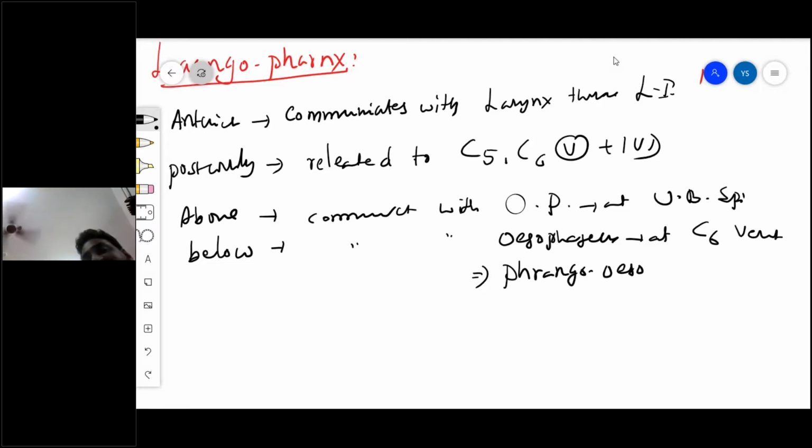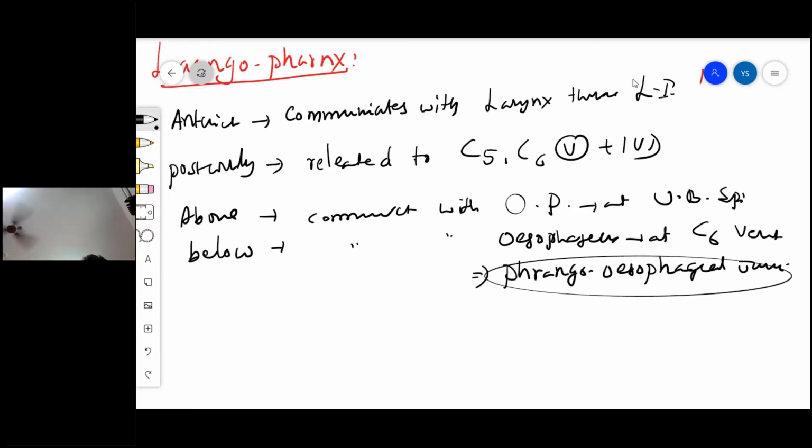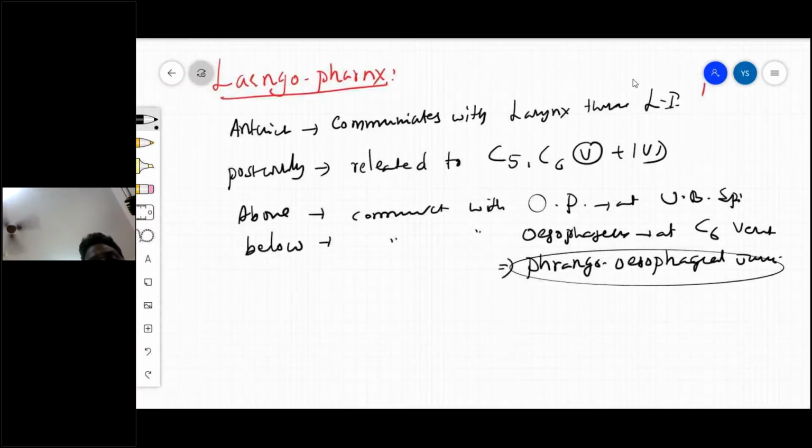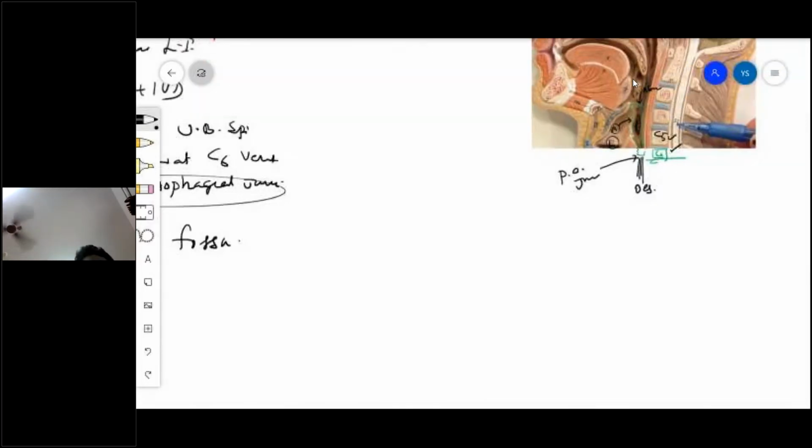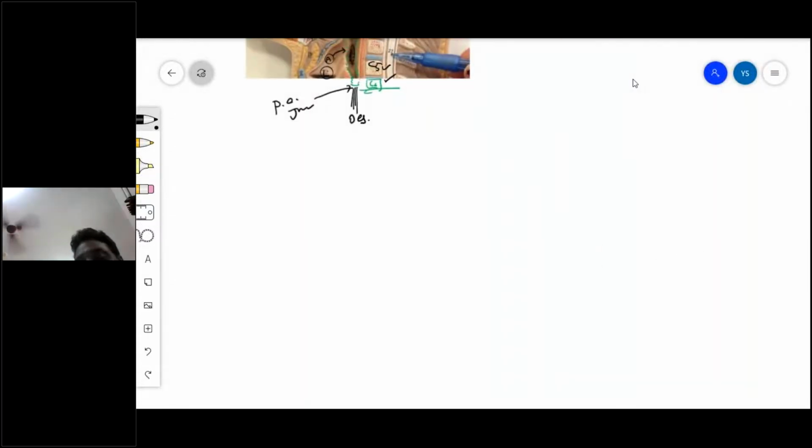That junction is called the pharyngo-esophageal junction. It continues at that junction. This is important. I told you it is the narrowest part of the pharynx, an oral question. And along the lateral wall we can see one depression. That one is called the pyriform fossa. So I will try to show you the pyriform fossa on another picture. Then after that I will end the class.